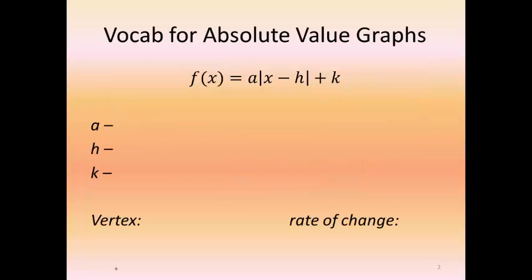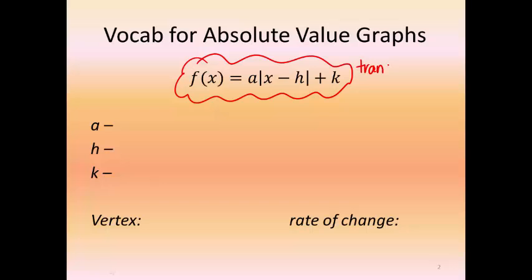All right, we're going to begin with just a little bit of vocabulary, and this right here is our absolute value function. It is a transformed function, meaning that it is not the parent function. So a parent function would just be a plain old f of x equals the absolute value of x.